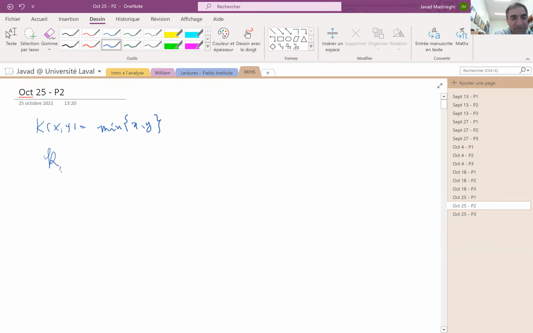Little k index y at point x, by definition, is k of x and y. And here the argument is x. And you see, if x is small, this is equal to x. And when x gets bigger, it's fixed.